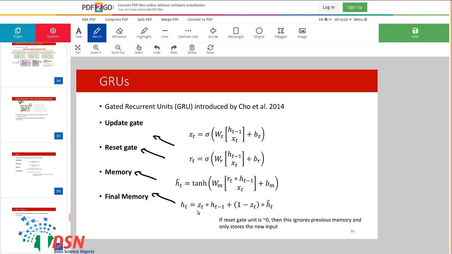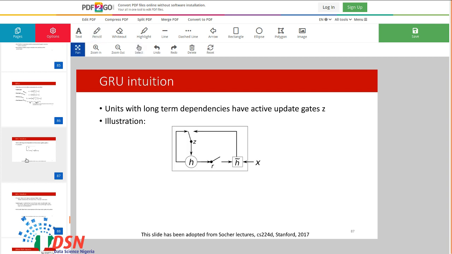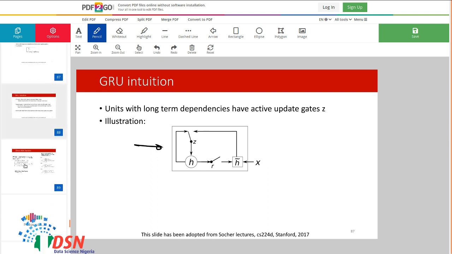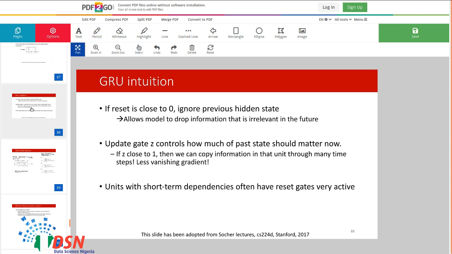As you can see, we have z of t in here, and 1 minus z of t there. Maybe it makes more sense to look at the GRU as the units with long-term dependencies have an active update gate z. Based on this diagram, you can see how GRU performs. It is a simpler version of LSTM.